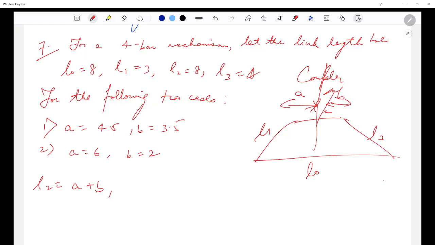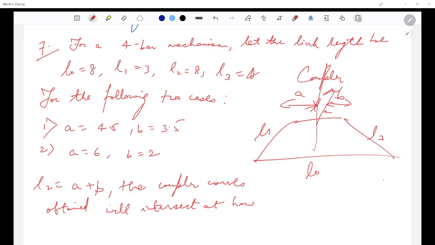So the coupler curves obtained will intersect at how many points? A simple question.